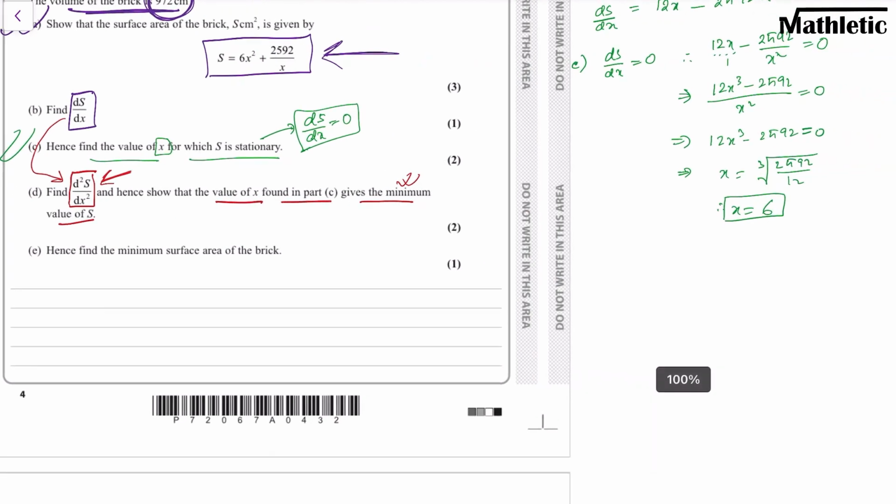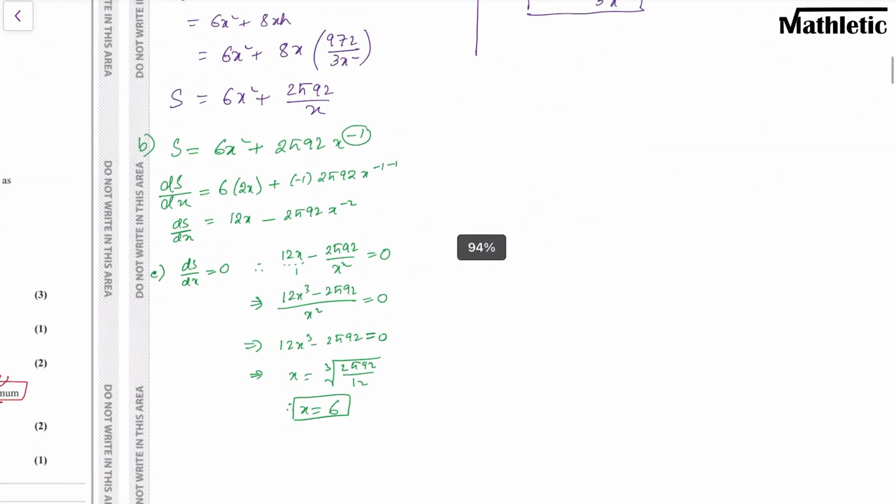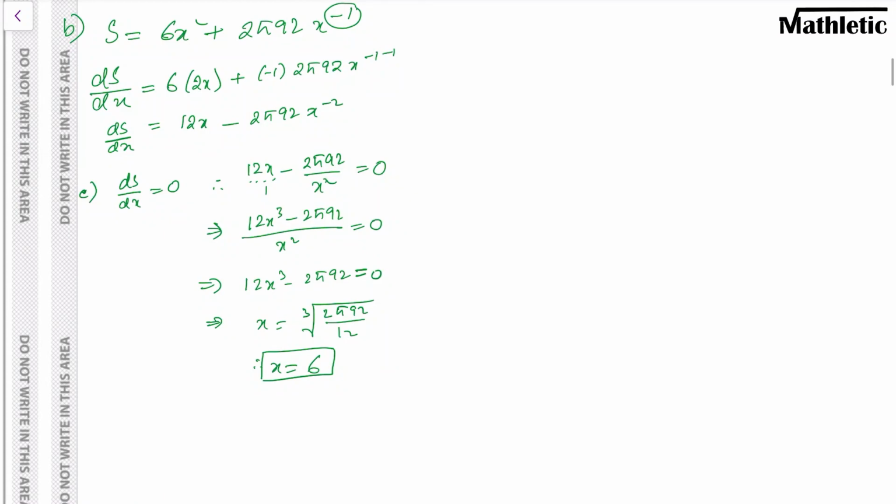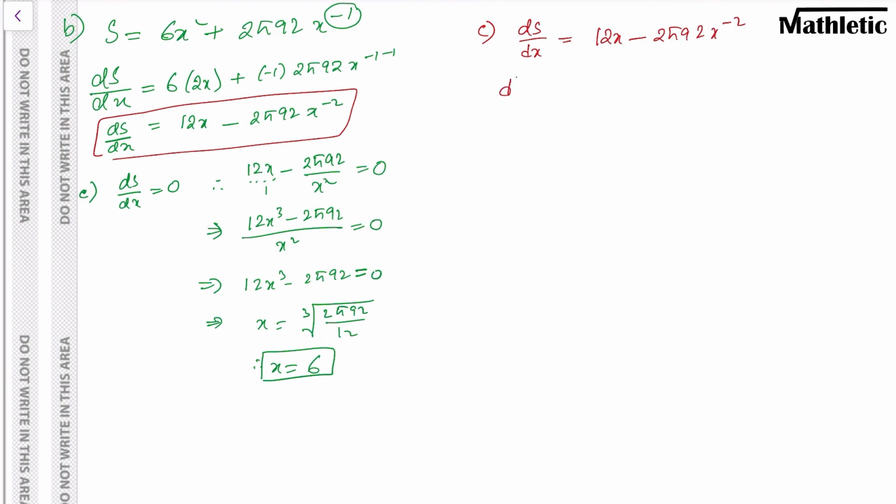If this one is positive, in that case the value is minimum. Okay, so for part D, ds by dx is this one. We will differentiate this 12x minus 2592 x to the power minus 2. The second derivative is the same process, normal differentiation.